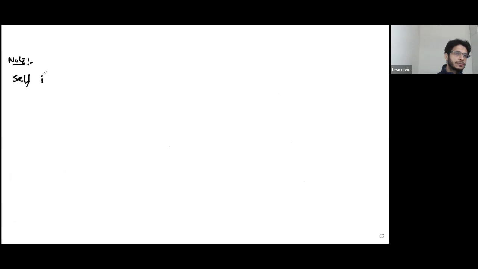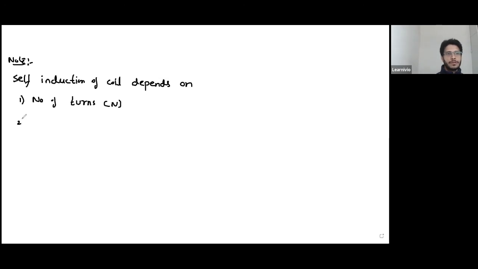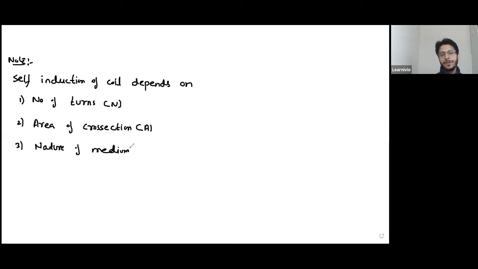So self-induction of a coil depends on, first, the number of turns, and after the number of turns it also depends on the area of cross section A. Along with the area of cross section, it also depends on the nature of the material, the nature of the medium in the coil. So these are the factors which can affect the self-induction of a coil.